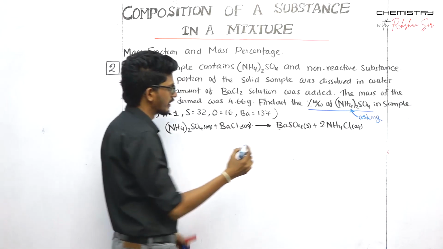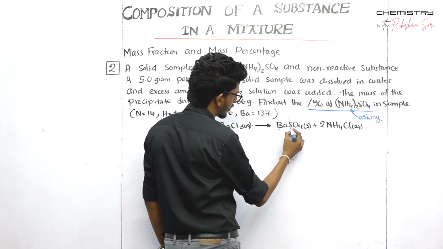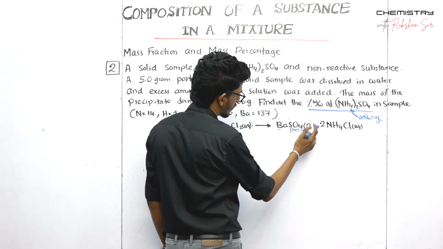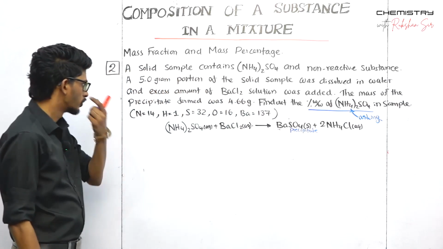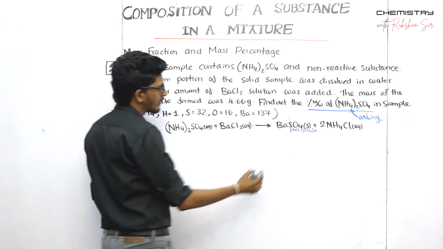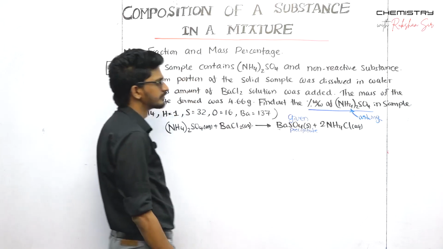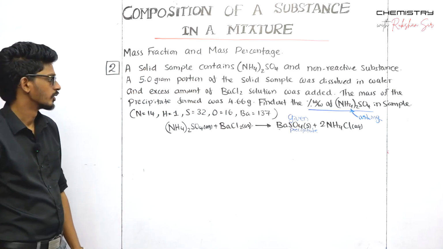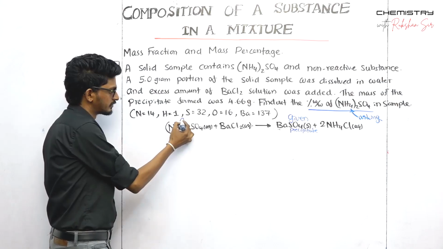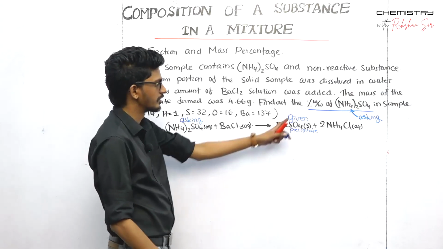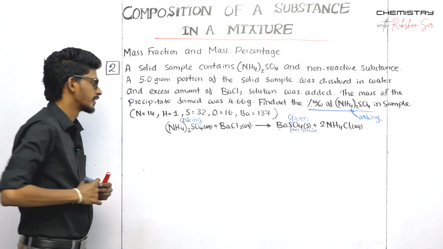So this is your precipitate, in the solid state. So this is the given data, and this is the asking data. The asking species, and this is the given species.